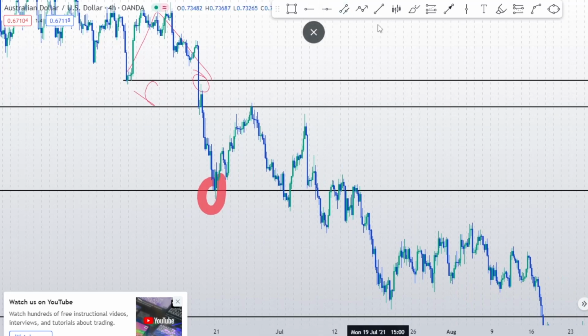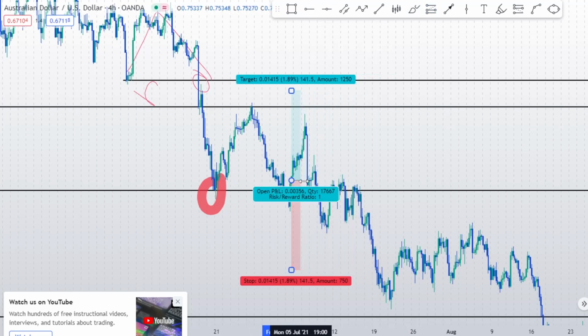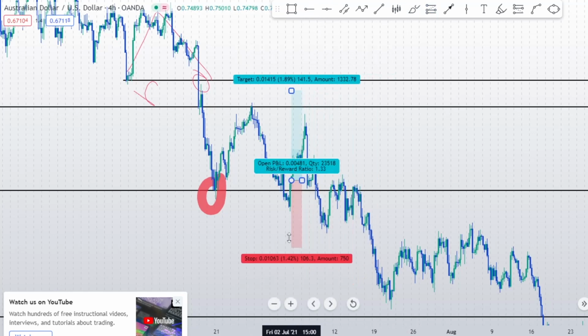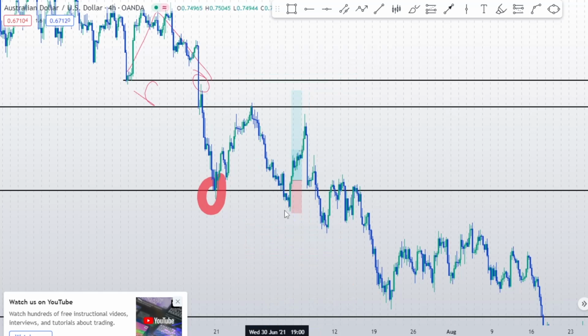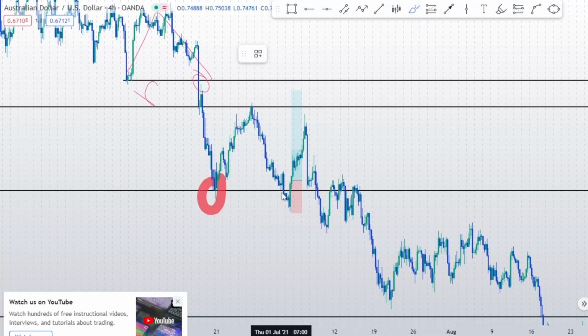If this was your support and the bullish engulfing was your confirmation, you know you were going to take your trade here, and below the bullish engulfing, that's where you put your stop loss. If the market ever does something like this, or it fails here after taking your entries, this is where you want to leave your entries. This is how you take your support and resistance trades.